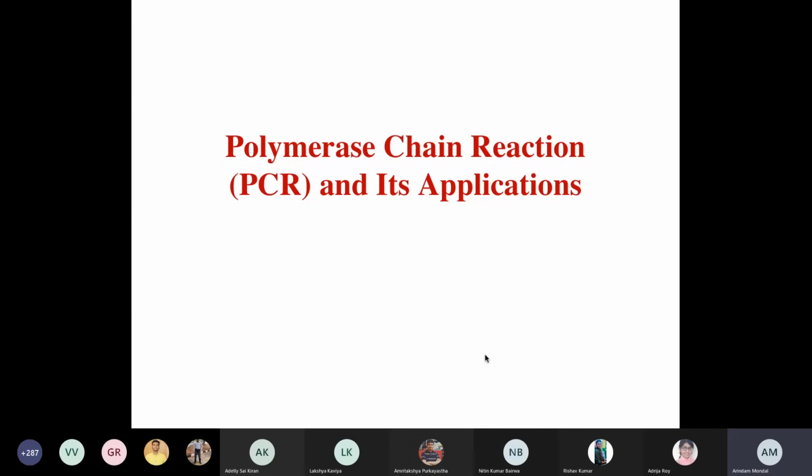Okay, now we are going to discuss a very, very important topic, which is the polymerase chain reaction. Polymerase chain reaction revolutionized the field of molecular biology, because with its help you can synthesize DNA in tubes, in a laboratory setting.